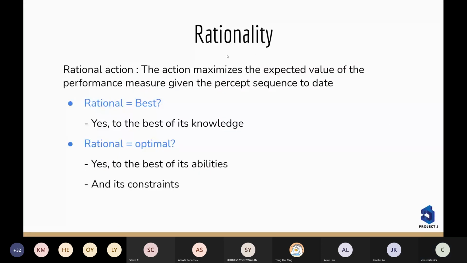Okay, so let's come to the next part, which is the rational action. A rational action is the action that maximizes the expected value of the performance measure given the percept sequence to date. It means that the action of an agent is rational if it is able to maximize the expected value of the performance given the percept sequence.